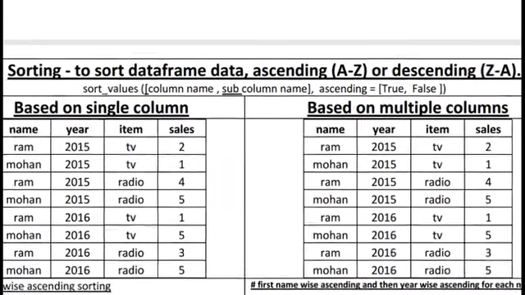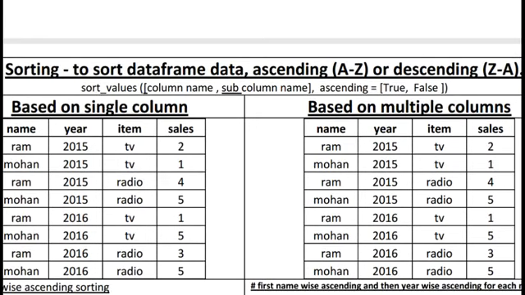So for this purpose pandas provides the sort_values method. Last time I used sort_index, but here I am sorting our actual records, so here I am using sort_values.